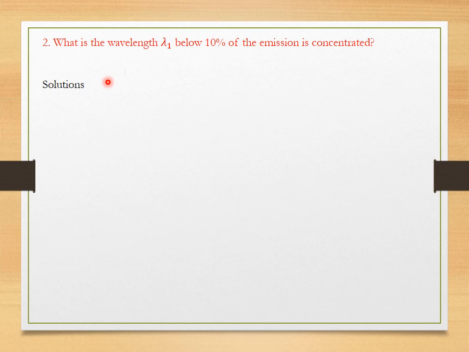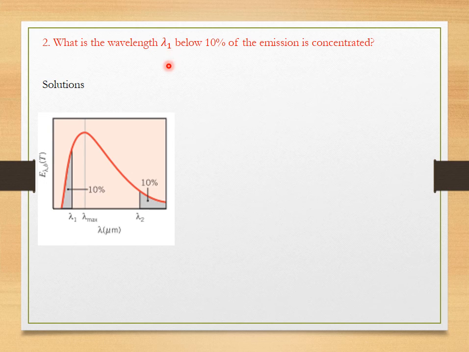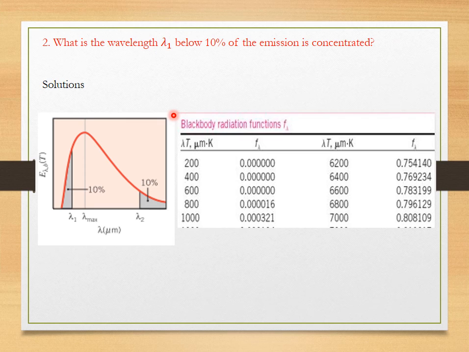Next question, what is the wavelength lambda 1 below which 10% of the emission is concentrated? Normally when we have this question, it relates to this diagram, the wavelength and the emissive power. And when we have this kind of graph, we can also relate it to this table, the blackbody radiation function.